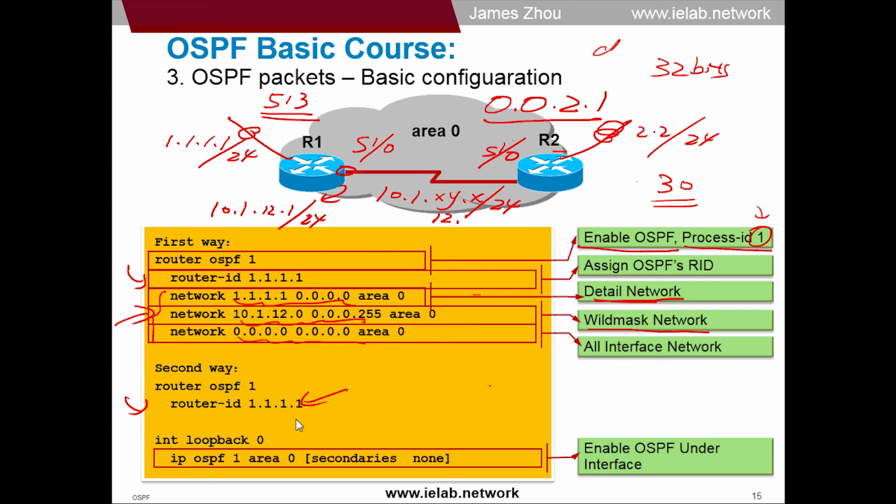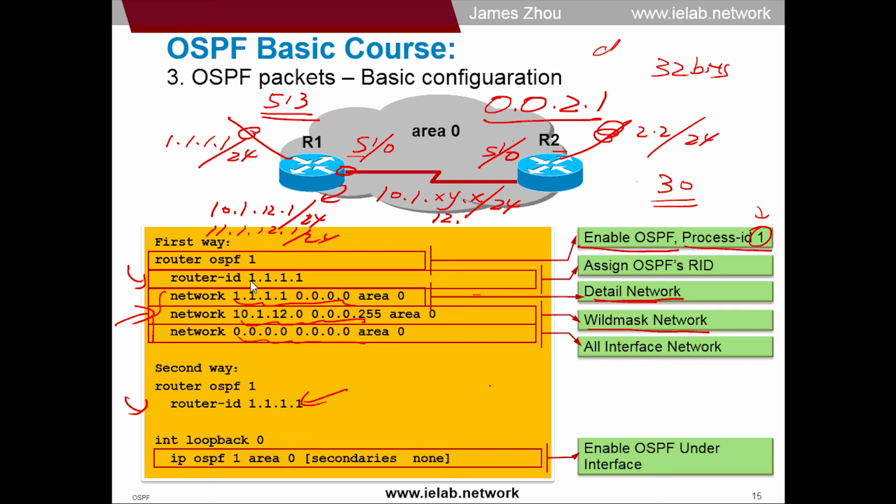Actually, the advantage, sorry, is when the IP address of the interface changes, like interface serial 1/0, you change it to 11.1.12.1.